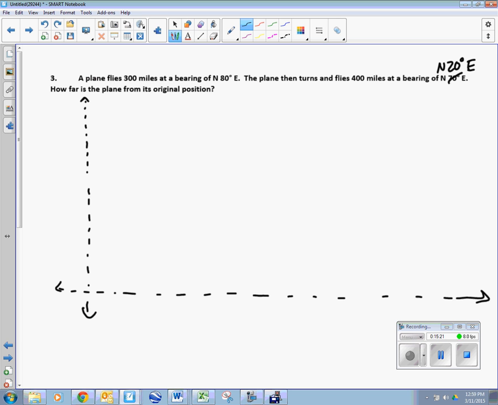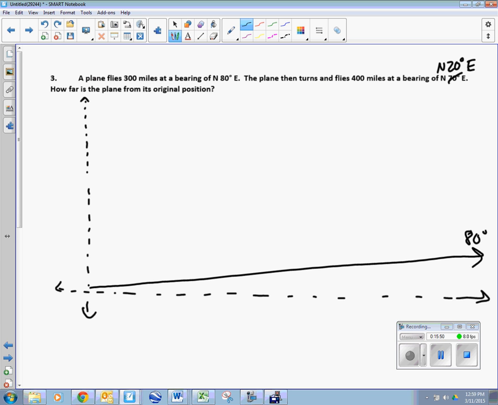It's flying at a bearing of north 80 degrees east. That's almost straight east, right? So that's kind of like its general path, something like that. Traveling at 80-degree bearing. You okay with that?